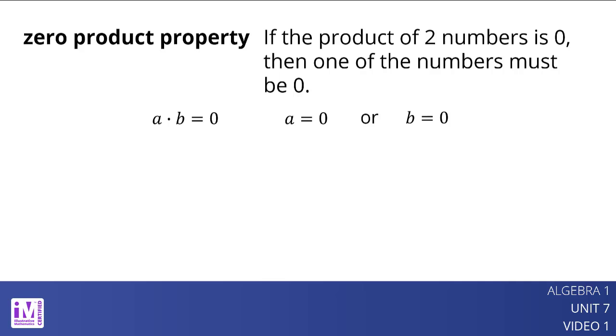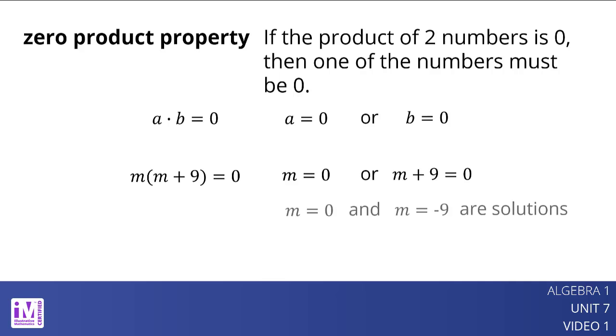Suppose we want to solve m times the quantity m plus 9 equals 0. From the zero product property, either m equals 0 or m plus 9 equals 0, so m equals 0 and m equals negative 9 are solutions.